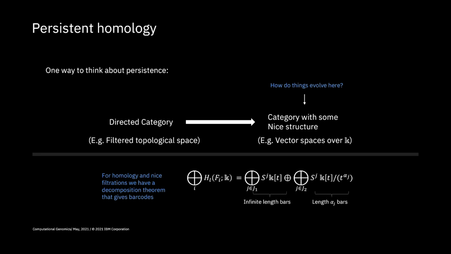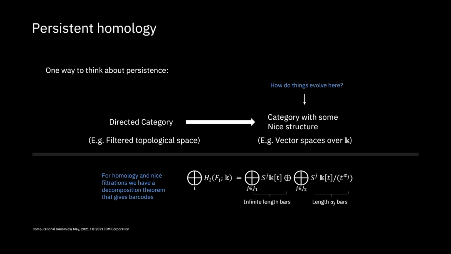For instance, here on this diagram, I have on the left something that could be like a sequence of topological spaces, and then to the right, their homology, connected by the morphisms induced by the homology functor, following the filtration.